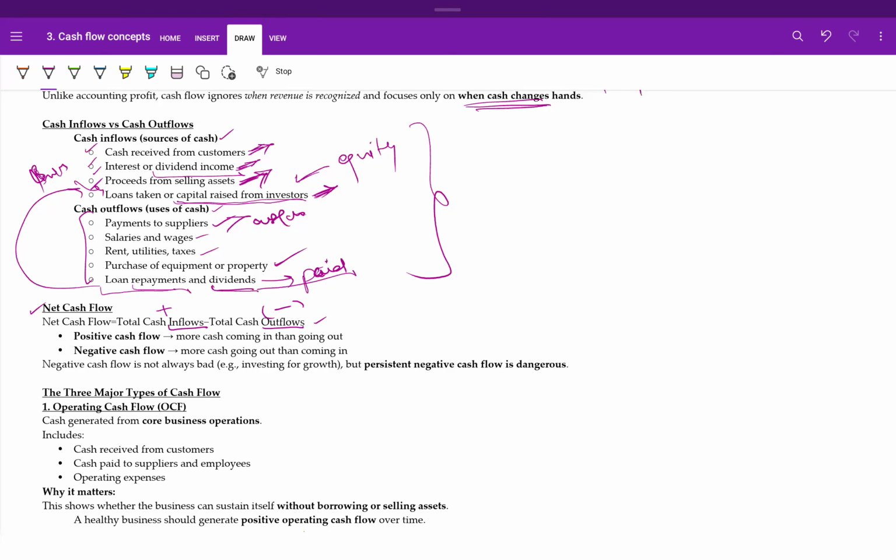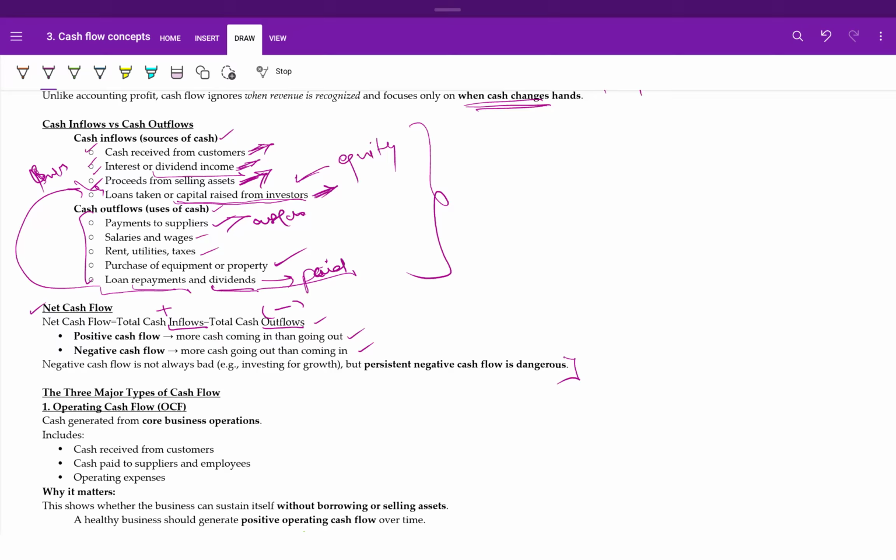A positive number indicates that more cash is coming in than going out, and vice versa. Negative cash flows are not always bad, especially when a business is investing for growth. However, persistent negative cash flow is dangerous, so you need to have positive cash inflows.